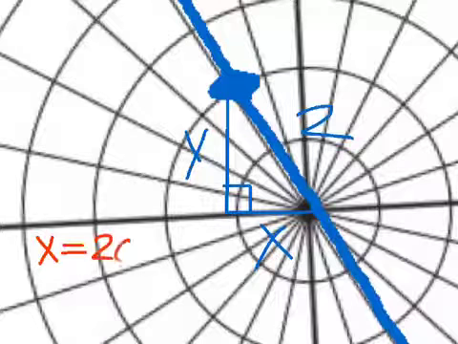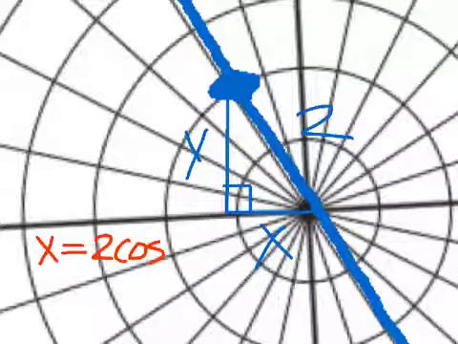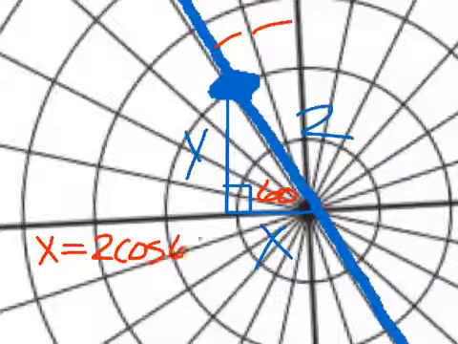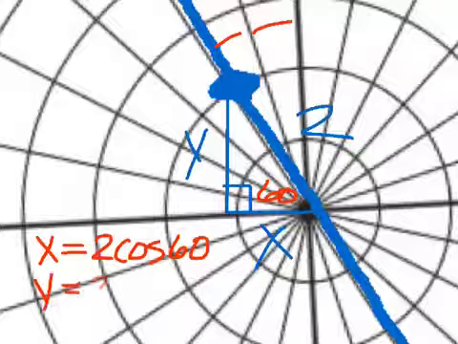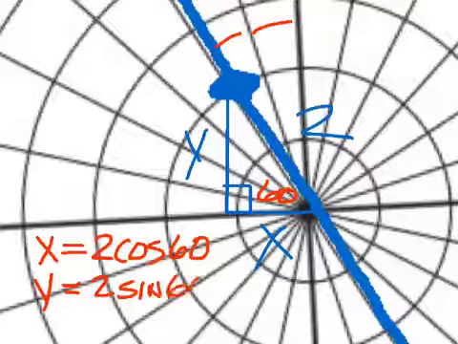So we would have to find x, or x equals 2 times the cosine of what degree measurement? There's 2 outside of it, that's 30. It'd be 60. 2 cosine 60 and then 2 sine 60.